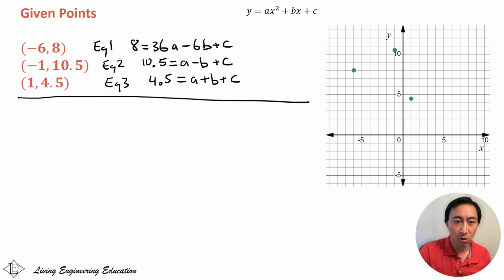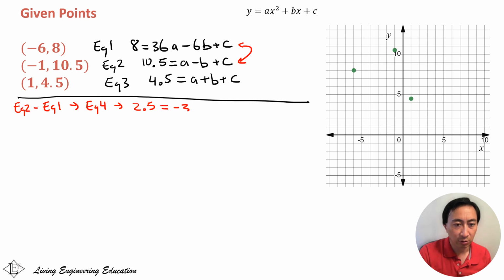And then we can subtract any 2 pairs. I'm going to use equation 2 minus equation 1, right? These 2 right here. And I'm going to define this as equation 4. And this is going to give me 10.5 minus 8 as 2.5. 1a minus 36a.